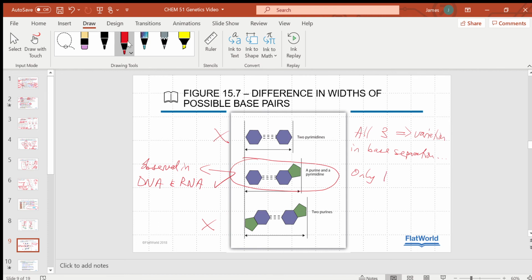Whereas only one gives you uniform base separation. And this can lead to stability of the structure.